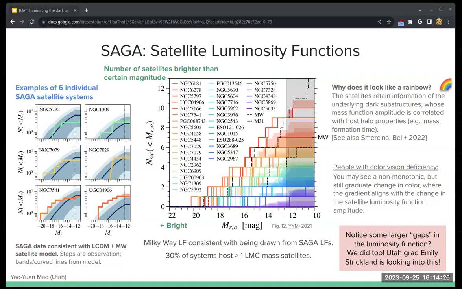Roughly speaking, they're consistent, but you can see in some cases the model difference between these 6 hosts is much less than the actual observation. So there is some hint that the model does not provide enough variance across different hosts compared to what we can see. So one thing that we were asking as we are modeling this is, what is the missing ingredient in terms of the modeling tool?